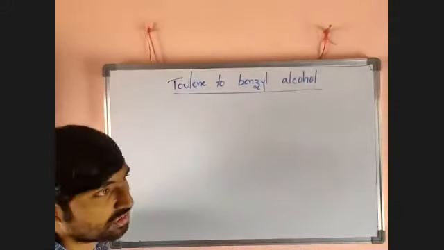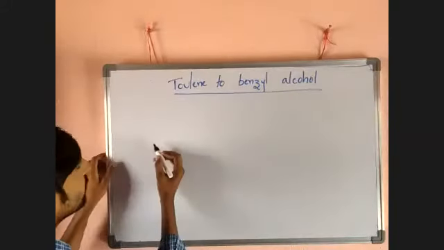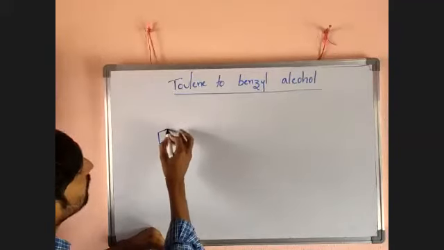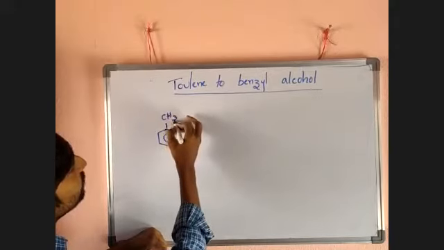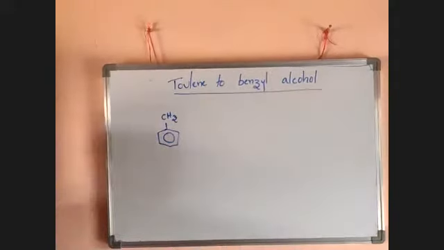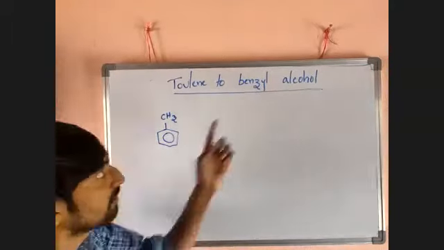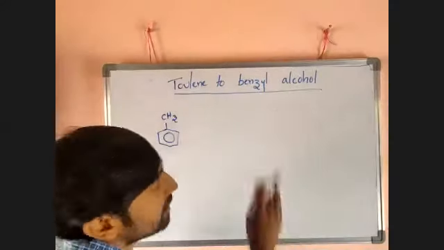Look here, what is meant by toluene? First, you should remember, toluene means a benzene ring with a CH3 group. Methyl benzene is nothing but toluene. Now what is benzyl alcohol?